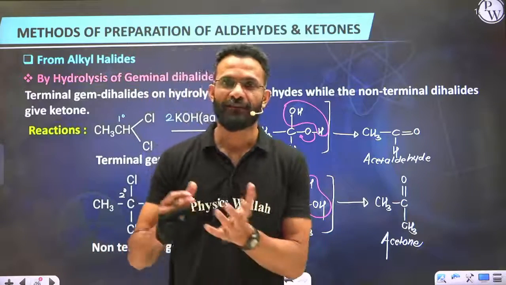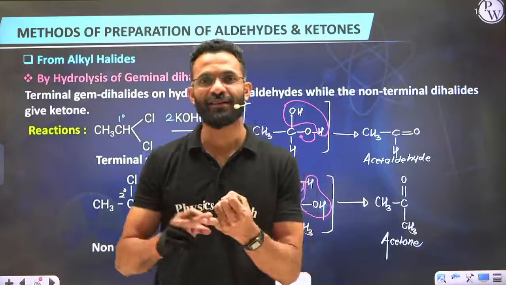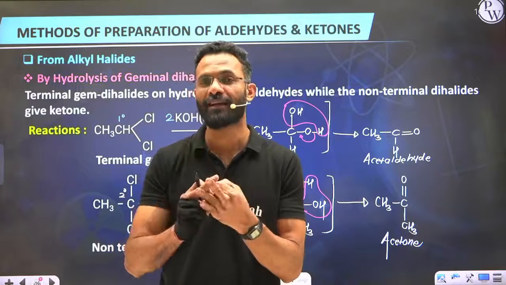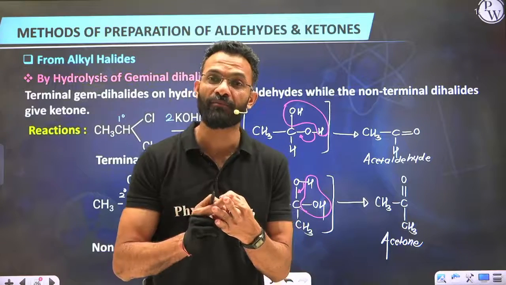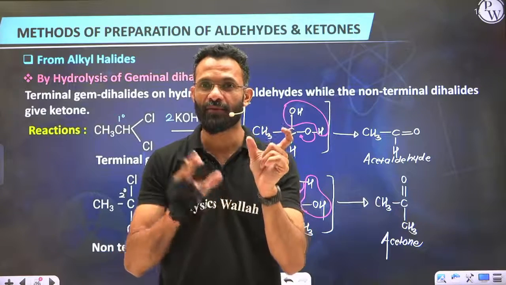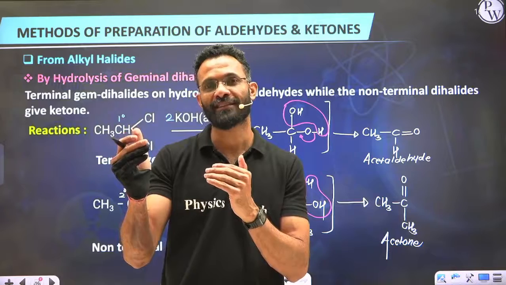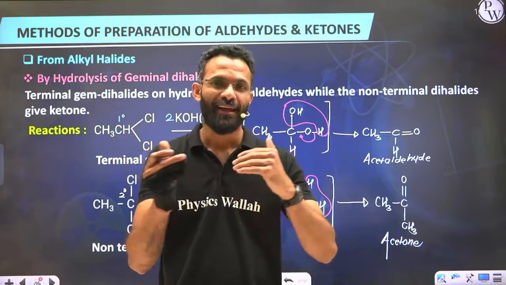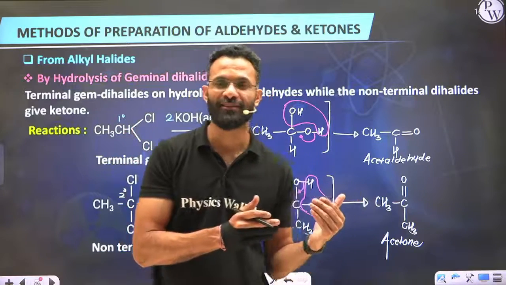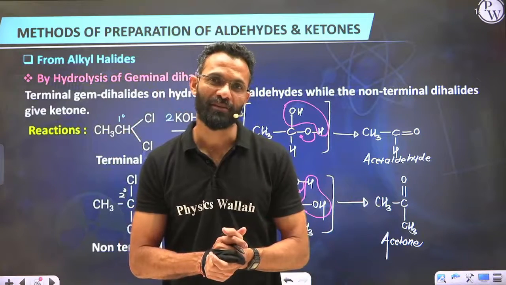So in the first part of today's lecture, we talked about introduction of aldehydes and ketones, their structures, their bond polarity, and how it contributes towards boiling point as well as solubility. Then we talked about the comparison of C double bond O and C double bond C, how alkene gives you electrophilic addition reaction as their characteristic reaction, and how ketone gives you nucleophilic addition reaction as their characteristic reaction, followed by some methods of preparation.